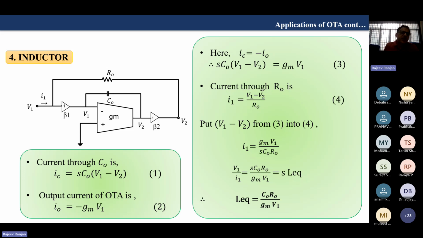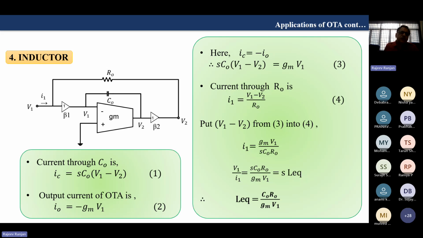You can see that the current through CO is SCO into (V1 minus V2). Then the output of the OTA is this one. Here IC equals minus IO. So ICO (V1 minus V2) equals GM V1. Now the current through RO, we will get I1 equal to (V1 minus V2) upon RO.